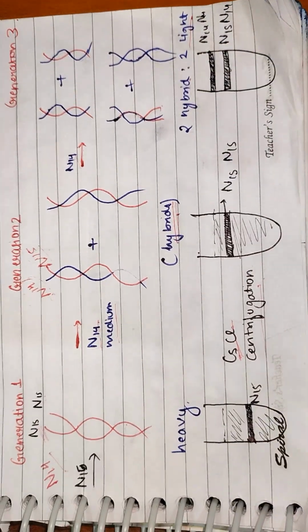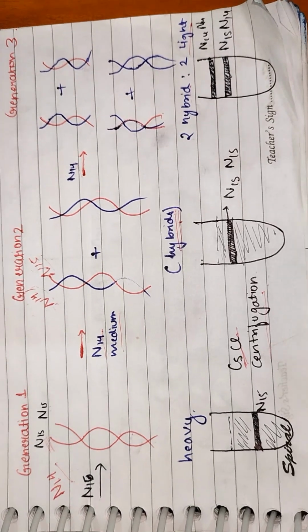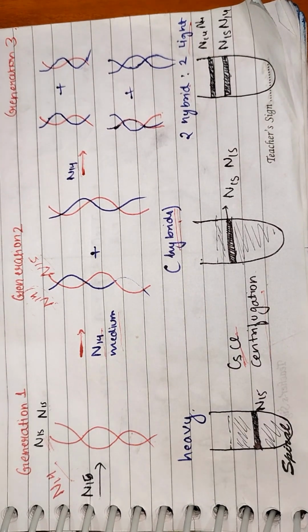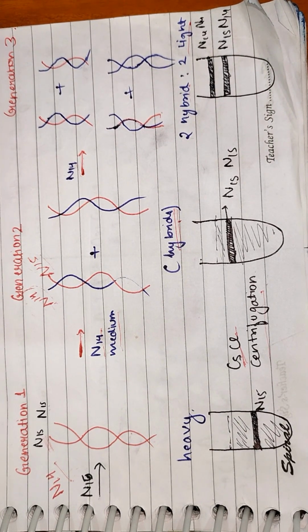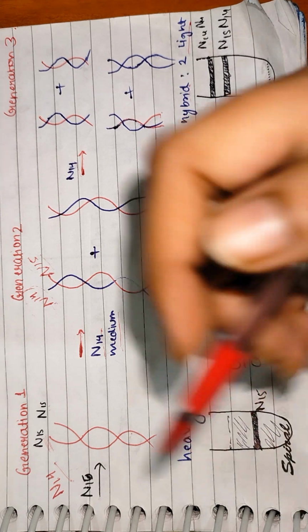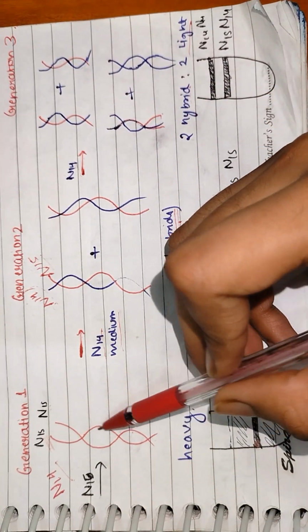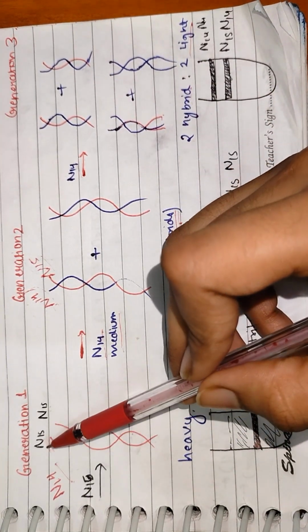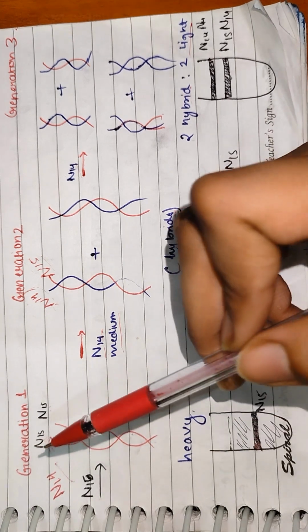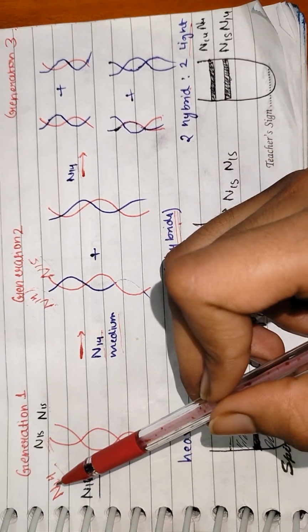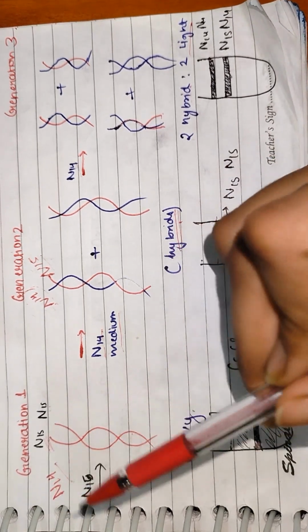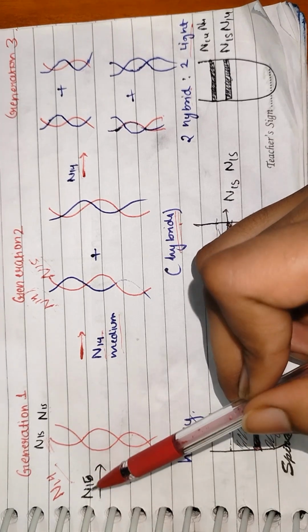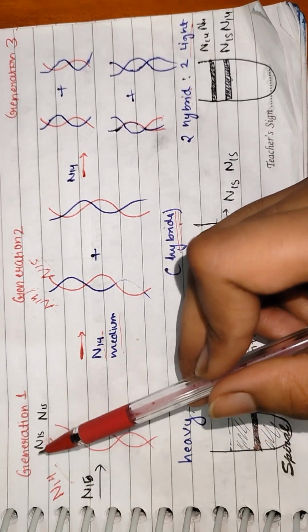How did they prove the semi-conservative model? They did an experiment on E. coli. As we all know, DNA has nitrogenous bases, and these bases have nitrogen in them. Nitrogen basically has two isotopes: the N14 isotope and the N15 isotope. N15 is heavy and N14 is light.